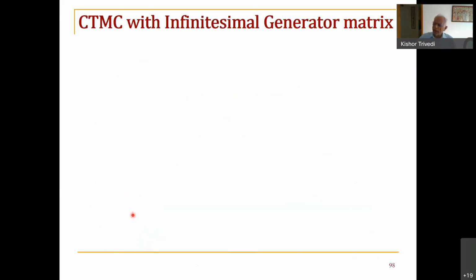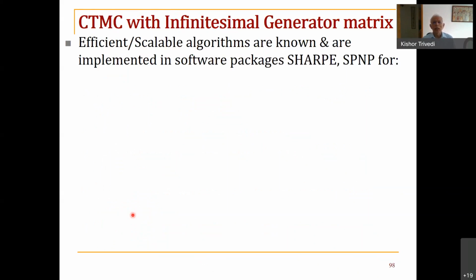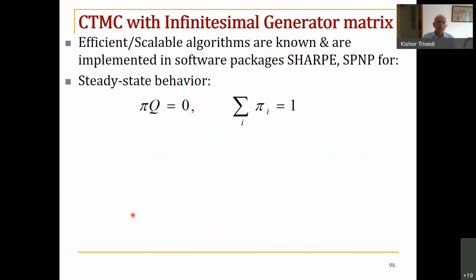Okay, so what is happening down below when I do a continuous time Markov chain? Efficient and scalable algorithms are known and are implemented in software packages like SHARPE, SPNP, and many others. The steady state behavior amounts to taking the matrix of the Markov chain, the so-called infinitesimal generator matrix, and solving the linear system of equations pi Q equal to 0.